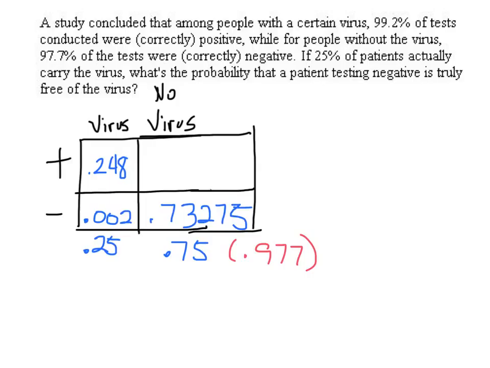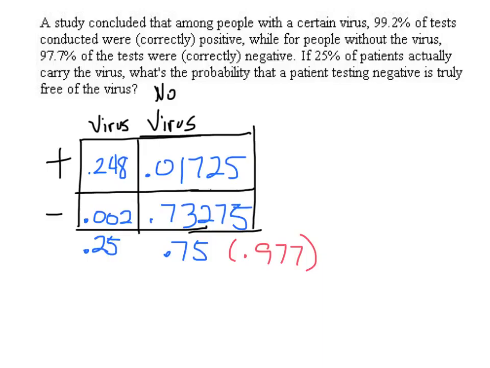Okay, so then to get when they test positive and they don't have the virus, that only happens 0.01725.